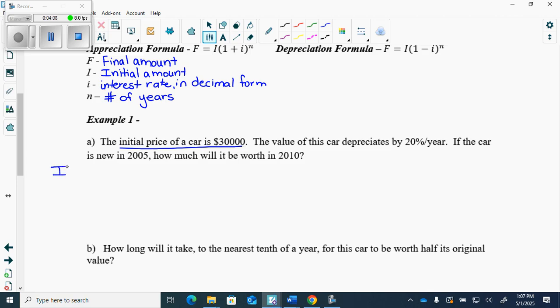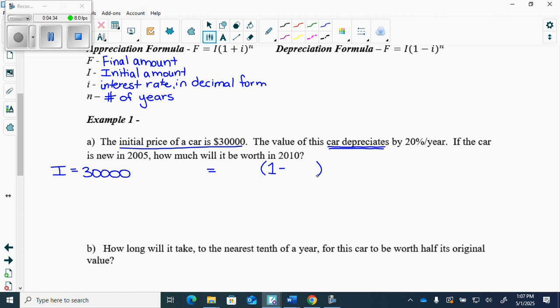Capital I. The value of the car depreciates. Which means I'm going to do minus. So I'm going to have something, and then in brackets I'm going to have 1 minus something. Correct? That's what the depreciation means.